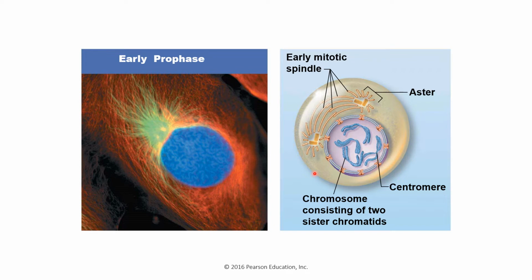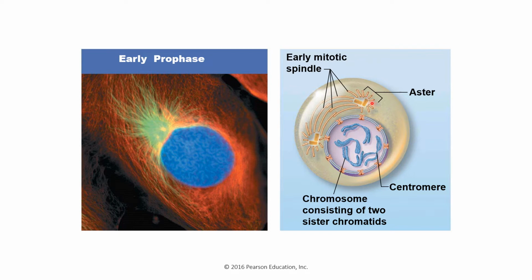These microtubules are going to be growing in length, and as they grow in length, they push against each other right here. And that causes the centrioles to push apart, so that we're eventually going to see them form centrosomes here and then up here.